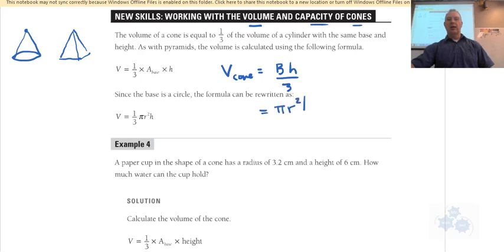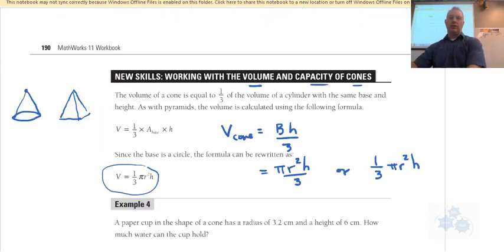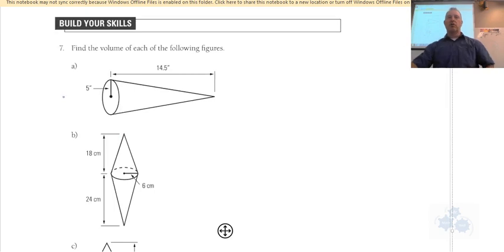So we have pi r squared h over 3, or 1/3 times pi r squared h. You'll see that right here in your notes. These are both the same. Really, really easy. Let's take a look at the first question and build your skills. I'll go over this one with you, and the other ones will be very similar.